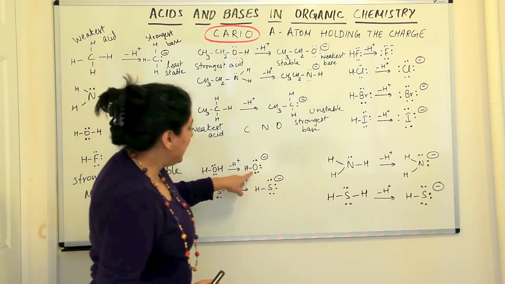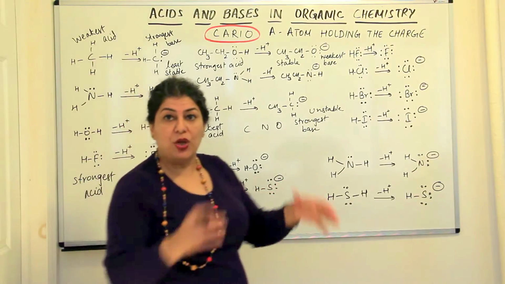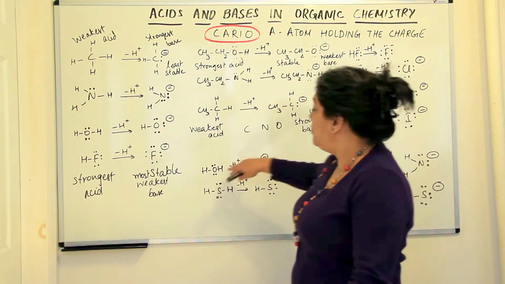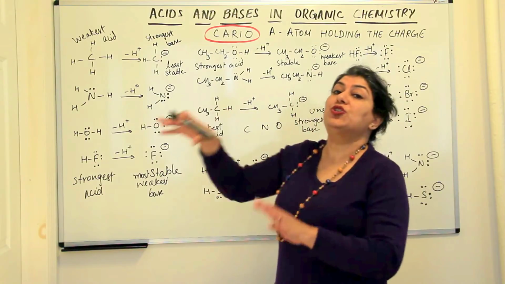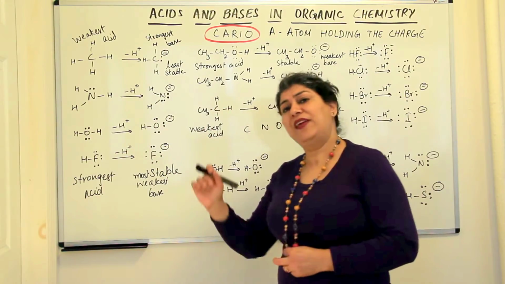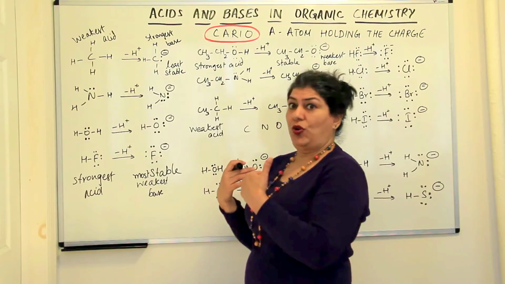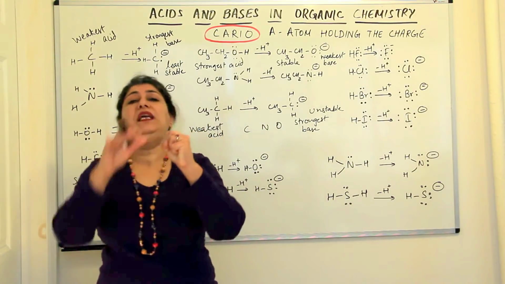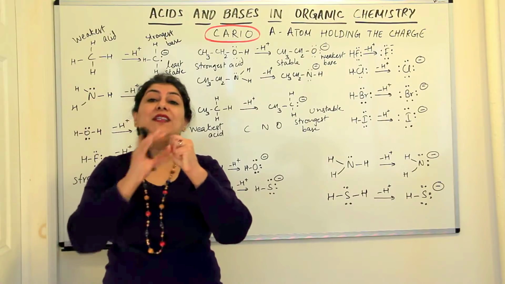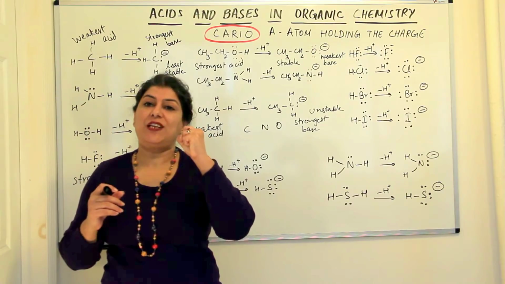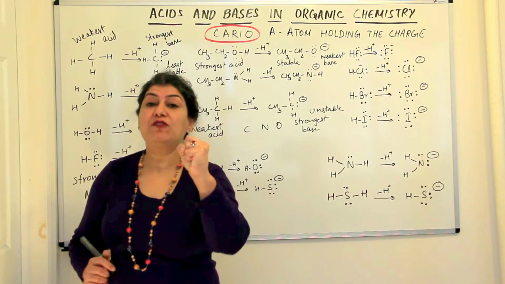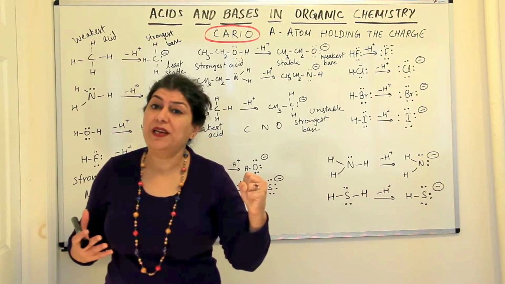And when this electron, on deprotonation, when hydrogen leaves without its electron, it pushes that electron over to oxygen. And when oxygen has that electron over itself, it is like that little trolley which has so many electrons, and the weight that has to be distributed or the charge that has to be distributed is in a very little space, and therefore there would be repulsion, there would be instability.